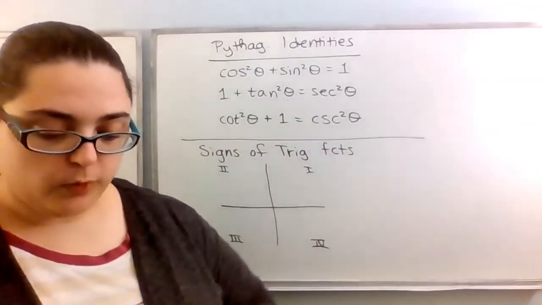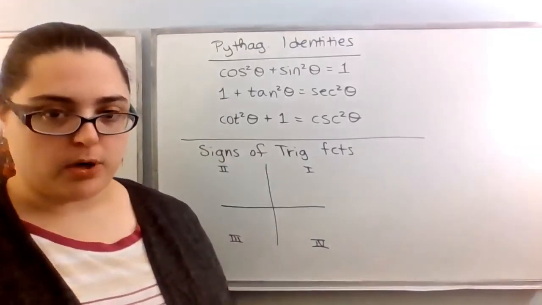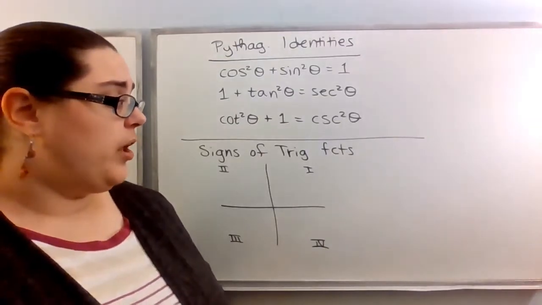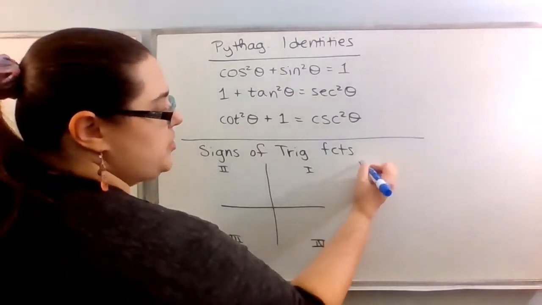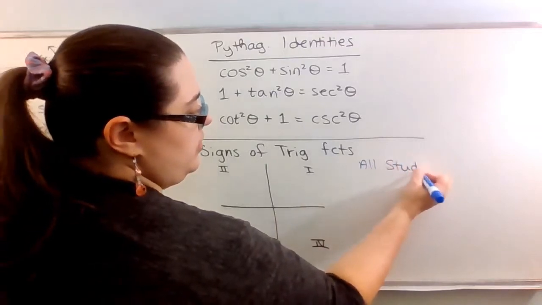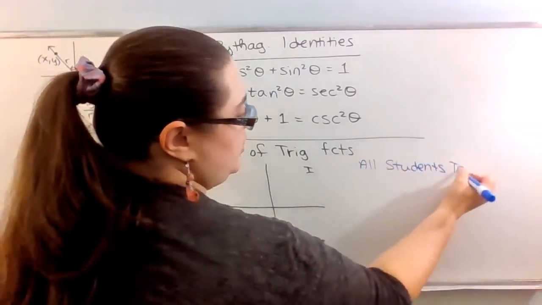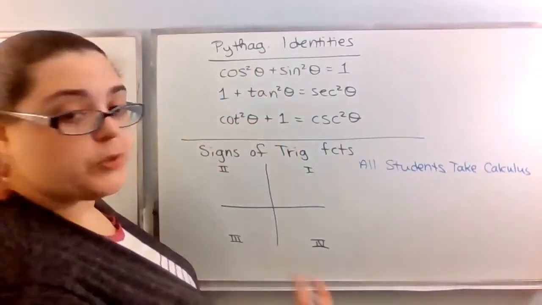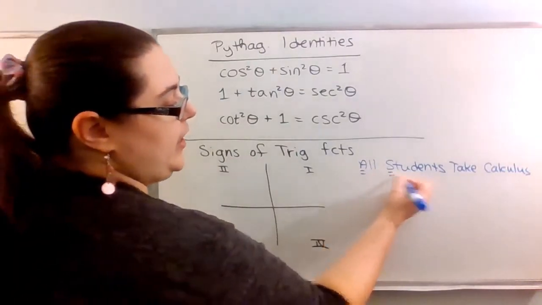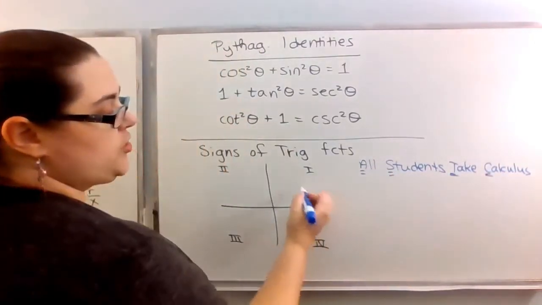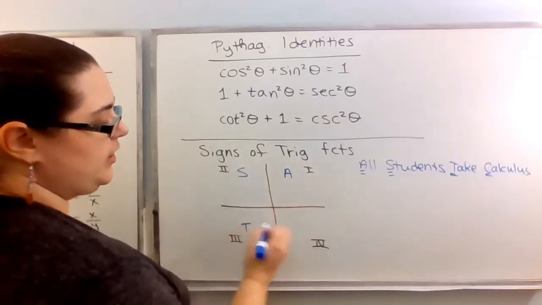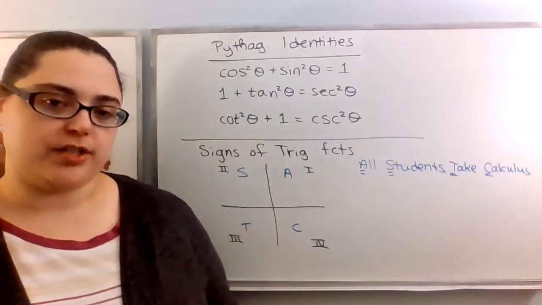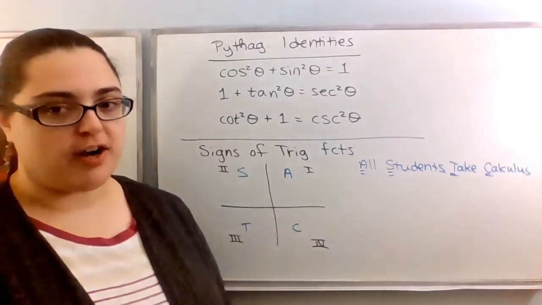Now there are a few different ways that you can remember whether a trig function is going to be positive or negative. The one that I learned is that all students take calculus. So what you want to take away from this is A, S, T, C. What these letters are telling you is which trig functions are going to have a positive value in that quadrant.